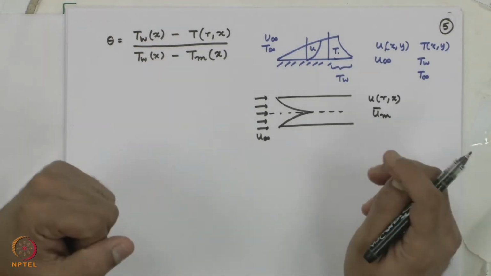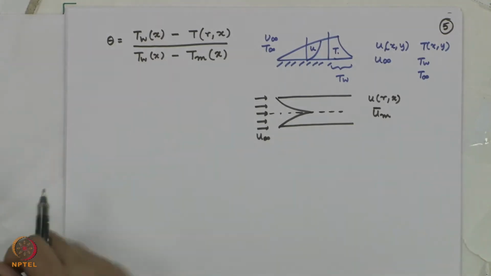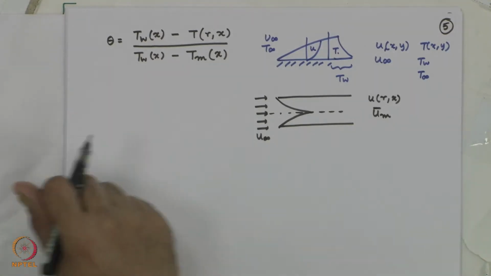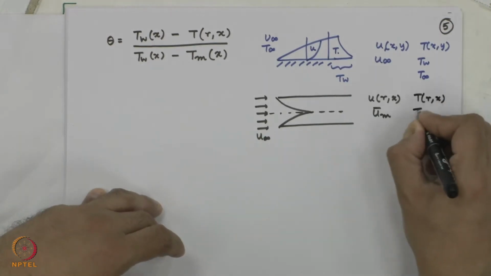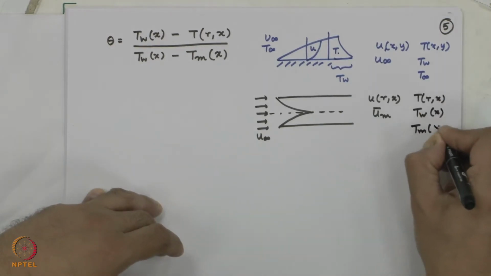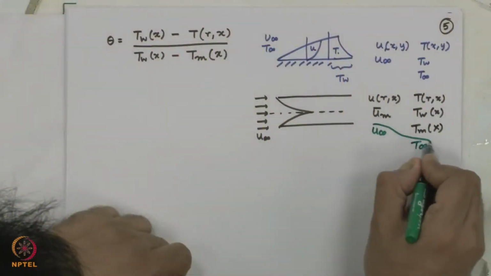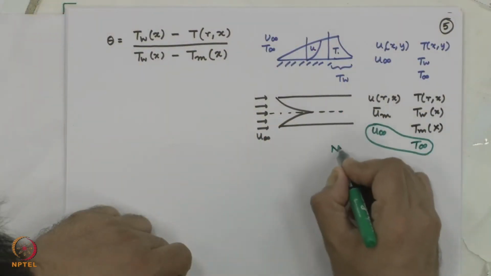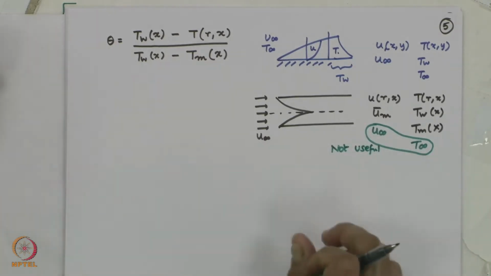You are dealing with u bulk mean, which is one kind of an average velocity, or you can at best deal with u center line or something like that. Here T of r comma x, T wall local, T bulk mean local. T infinity, which was there before, is now useless. U infinity and T infinity are not useful anymore after the fluid has come into the pipe.